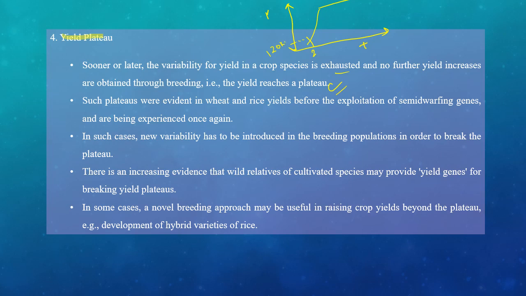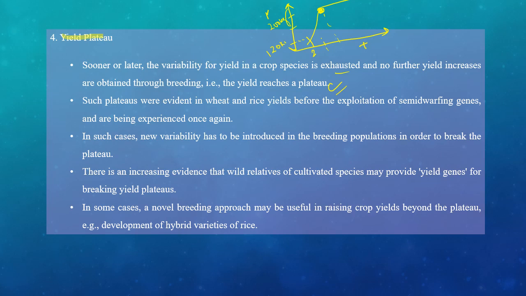After some time, if we do some modification, it goes up to this. After that, in some time, it will give about 200 kg yield. After that, if we do something, it will not produce any extra yield, so this situation we term a yield plateau.